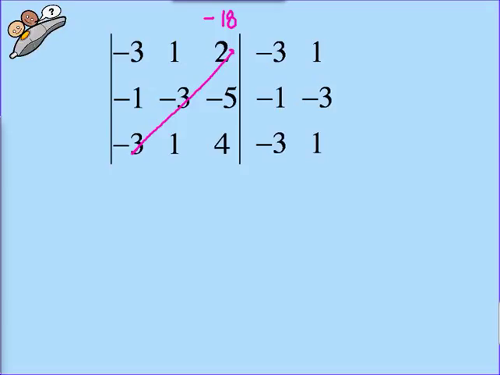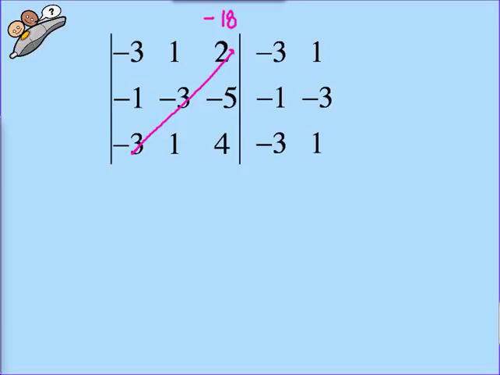You have to keep timesing. Which one? To get these numbers. Okay, what we're going to do is put those up here.